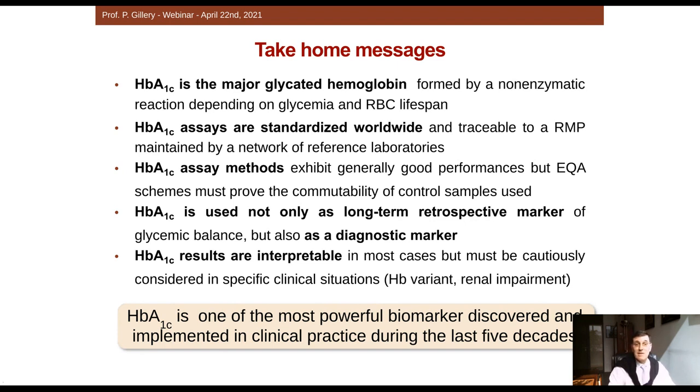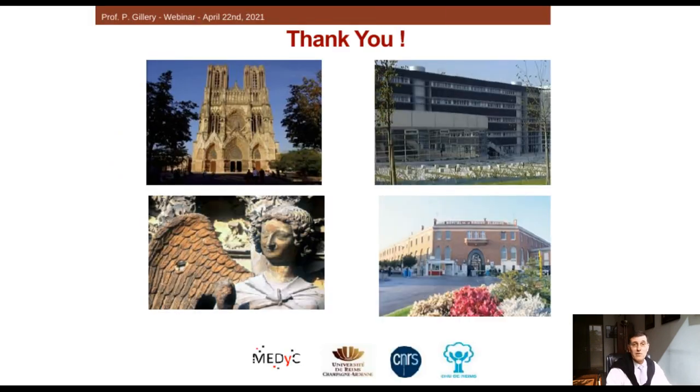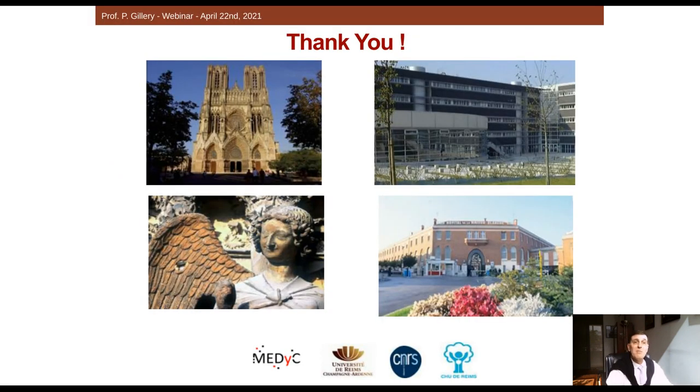And this leads us back to the first sentence of this presentation. HbA1c is one of the most powerful biomarkers discovered and implemented in clinical practice during the last 5 decades.